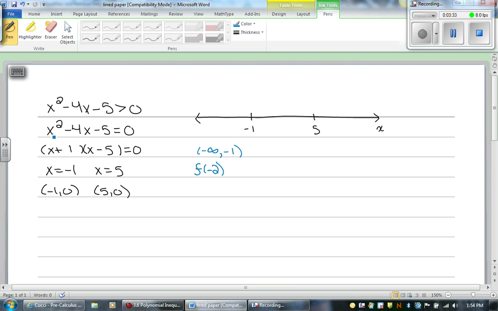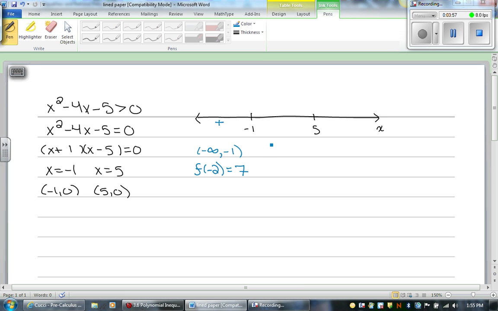Okay? Negative 2 squared is 4. Negative 4 times a negative 2 is a positive 8. Minus 5 is going to give us a value of 7. So I know that this is positive. And what that means is if the function's value is positive, it lies above the x-axis on this interval.